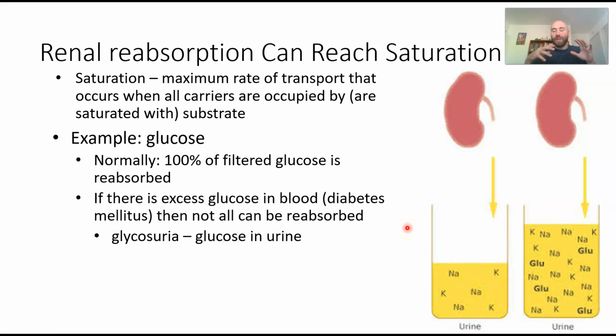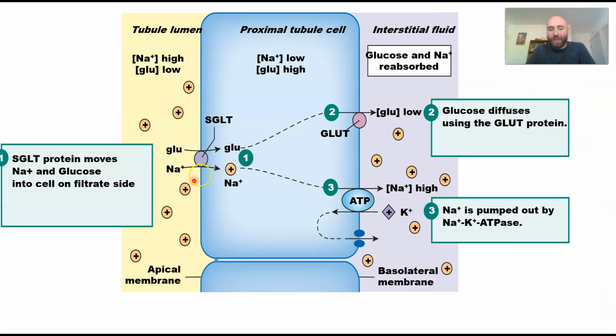But what about a situation that is out of homeostasis? In the disease diabetes mellitus, what you basically have is an excess of glucose in the blood. So this means you're going to have an excess of glucose in the filtrate as well. Remember, the filtrate is basically just the blood plasma. So you filter out more glucose into your filtrate, and you haven't increased the amount of SGLTs.